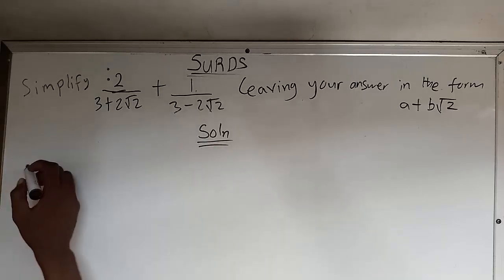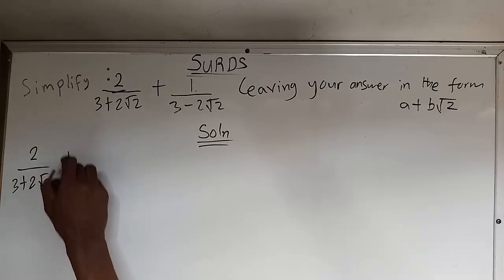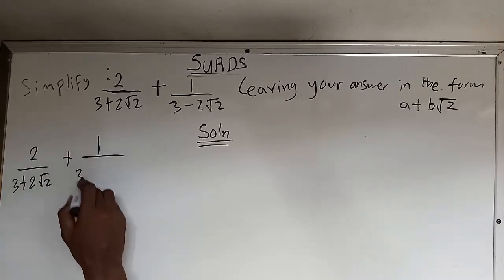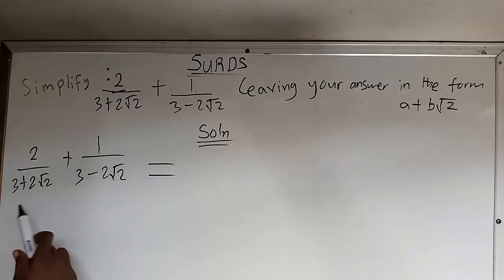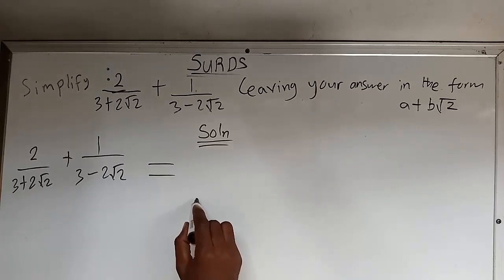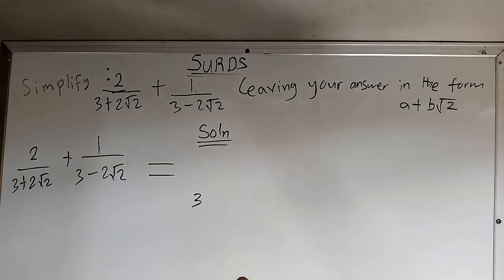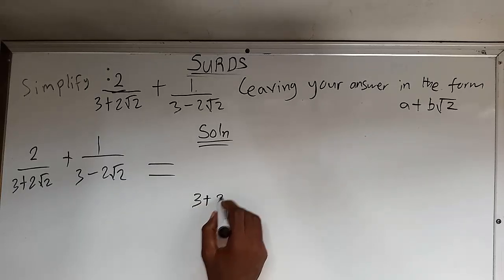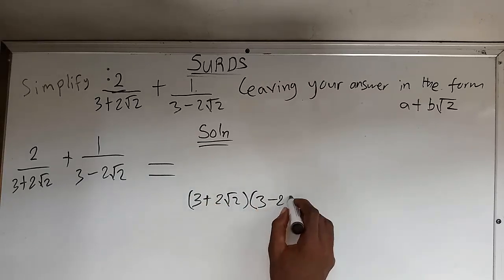So what you have to do is to collect LCM first. If you collect LCM, something will happen. The LCM of 3 plus 2 root 2 and 3 minus 2 root 2 is 3 plus 2 root 2 times 3 minus 2 root 2.